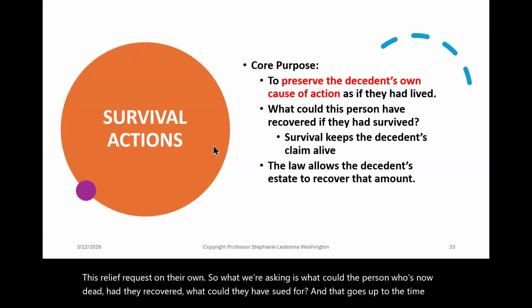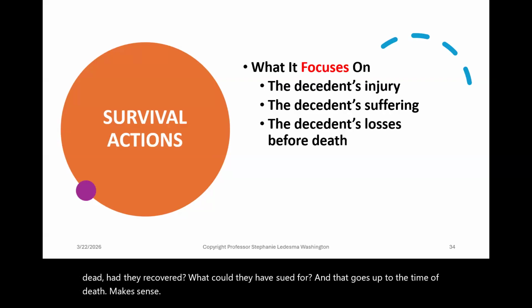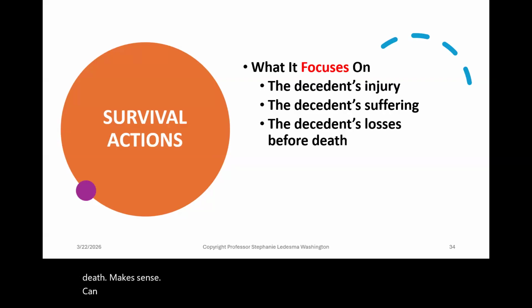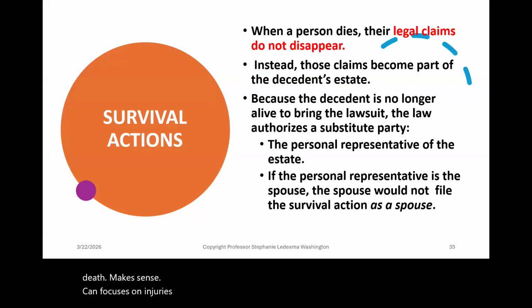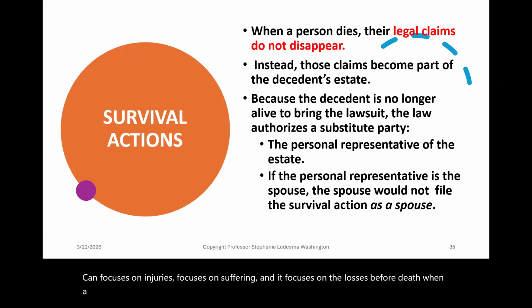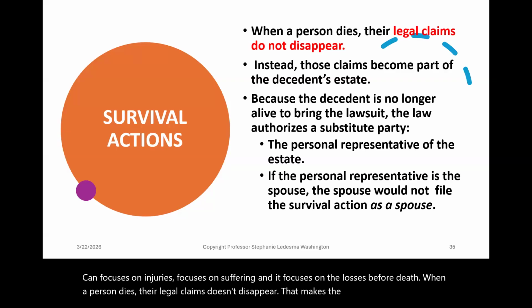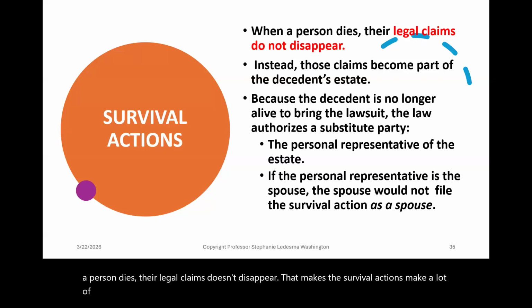Make sense? Okay. Focuses on injuries, focuses on suffering, and it focuses on the losses before death. When a person dies, their legal claims don't disappear. That makes these survival actions make a lot of sense, right? Instead, those claims become part of the decedent's estate.